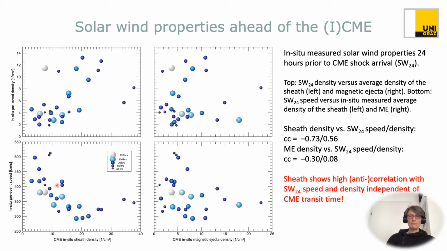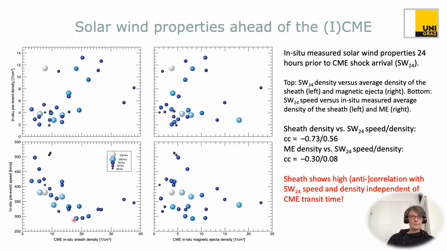Interestingly, the sheath region now shows a very high correlation with the pre-event density, so that's 0.56, and with the pre-event speed it's a very strong anti-correlation of -0.73. For the magnetic ejecta region, on the other hand, the correlations are very, very low.